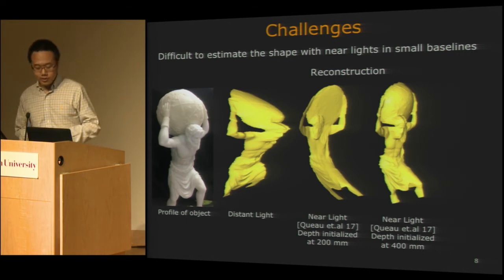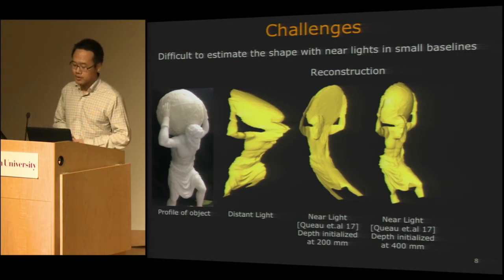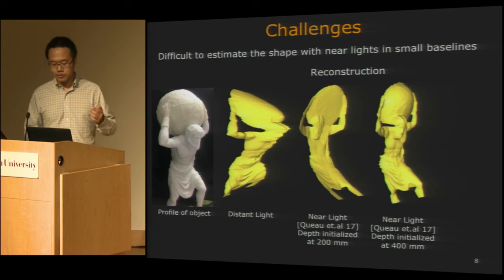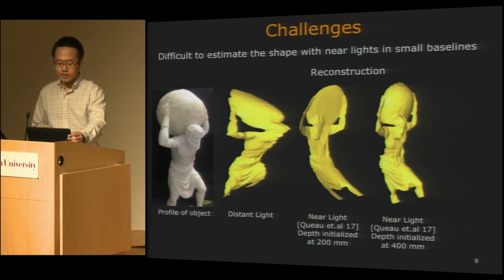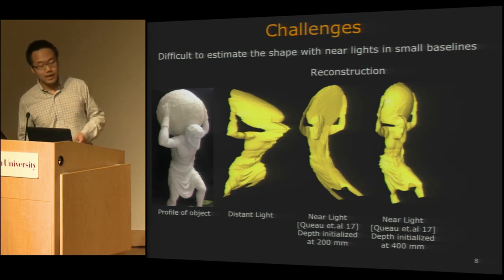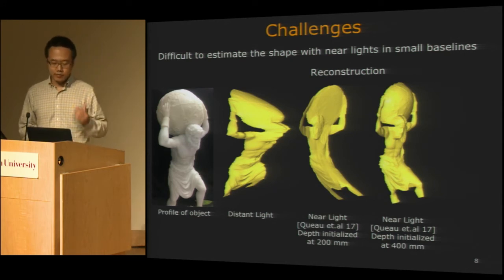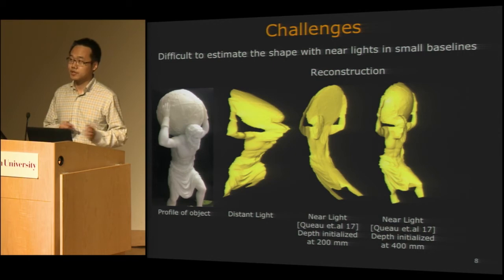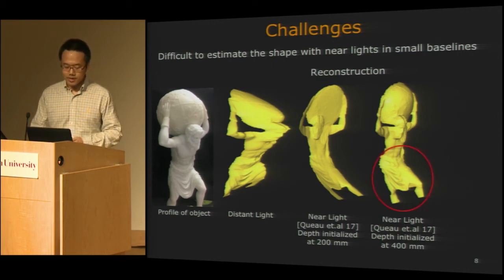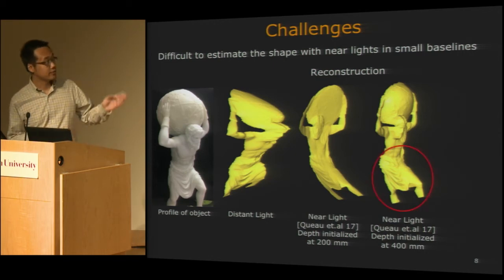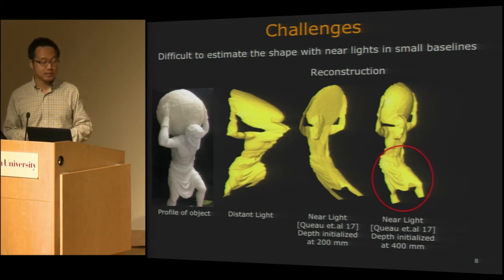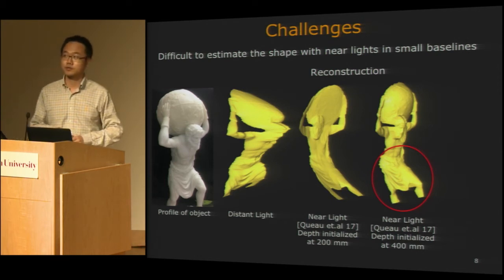The third and fourth columns in the image show the reconstruction using the method proposed by Kuo and his colleagues last year. They formulate the problem in the near light condition. But as we can see, the reconstruction is very sensitive to the initial depth guess. Even if the initial depth is very close to the true depth of the object, we can see the lower part of this reconstruction is not right.